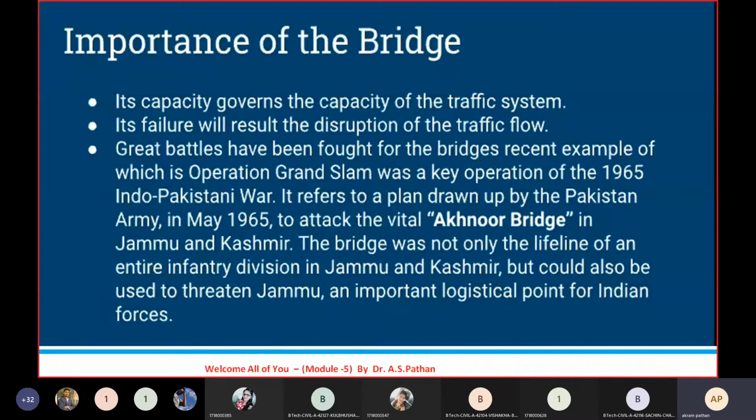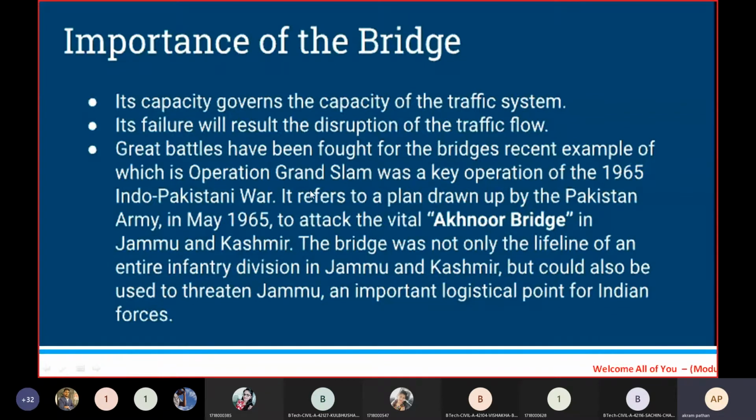So it avoids the traffic problems, such as light loaded traffic having more problems on the highway, or even in the city areas also. So it avoids the congestion of the traffic, and its failure will result in distortions of the traffic flow. Okay, then great battles have been fought for the bridge.